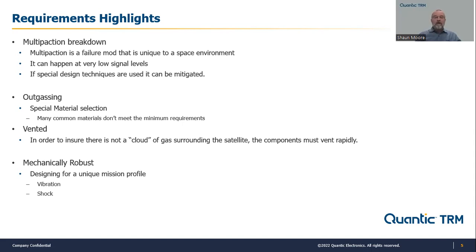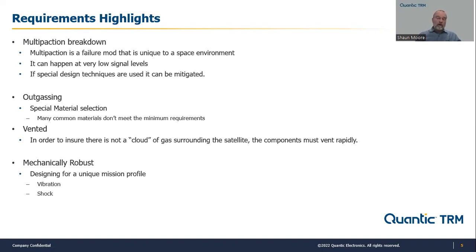It is a unique failure that happens only in a vacuum environment, and quite a few people who are just getting involved in space may or may not fully understand the impact of this.